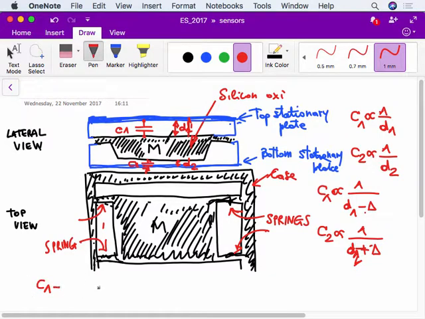C1 minus C2 is proportional to 1 over d1 minus delta minus 1 over d2 minus delta.